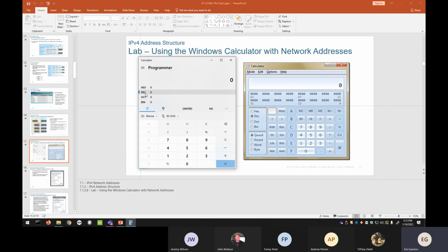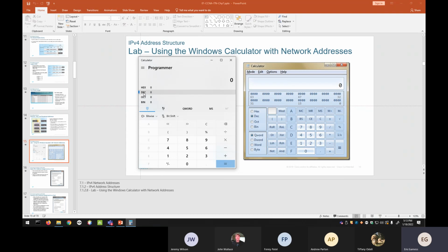And of course, if I am in decimal, I cannot press A, B, C, D, E, F. If I click here in hexadecimal, they are available. If I am in binary, only 0 and 1 are available. If I am in octal base, 0 to 7 will be available. And let's say that you want to know how to convert 192 to binary, which is 11000000.